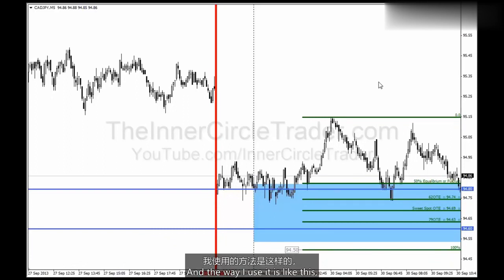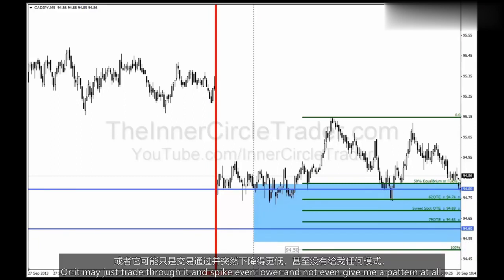And the way I use it is like this. If price trades down to the 94.74 level, 94.69, or 94.63, that would constitute an optimal trade entry within the order block, with the understanding and premise that it may not get down to 94.60 or to 94.50, or very well may just trade through it and spike even lower and not even give me a pattern at all.